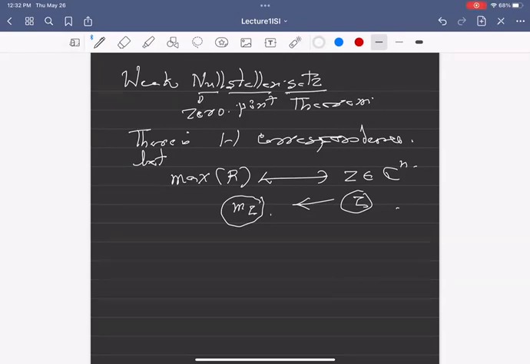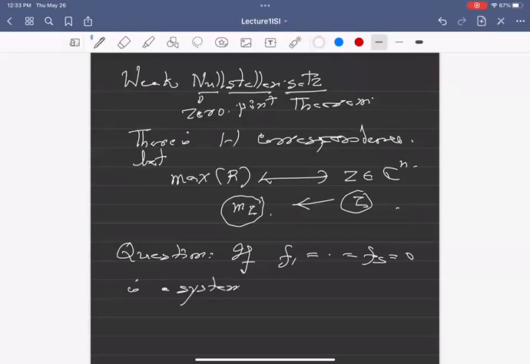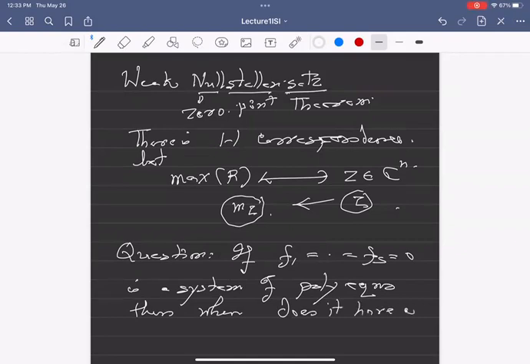Let's go back to our aim. Our one question was: if F1, ..., Fs equal to 0 is a system of polynomial equations with complex coefficients, then when does it have a solution? Can anybody make a guess?